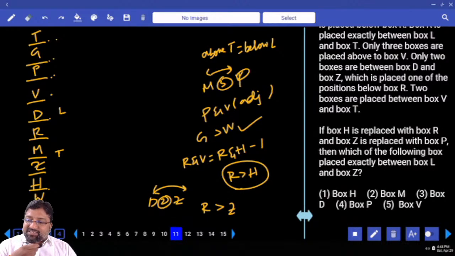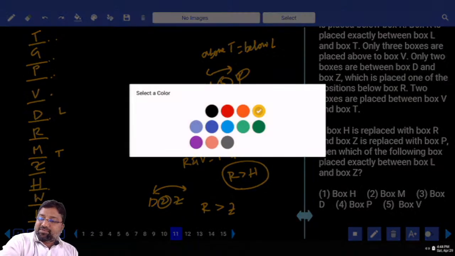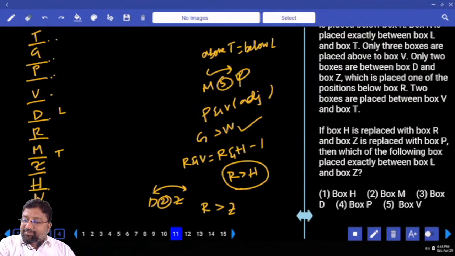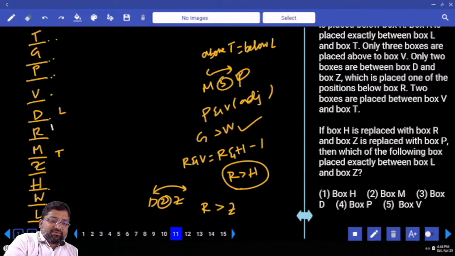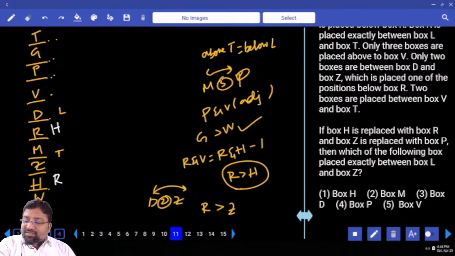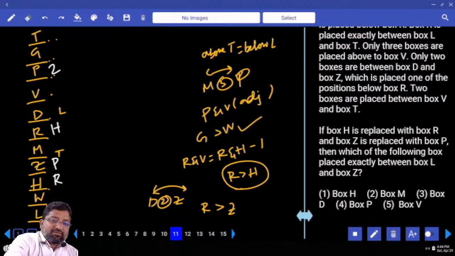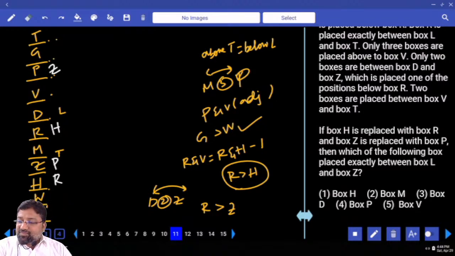If box H is replaced with R, and Z is replaced with P, which of the following will be exactly between L and Z? H is replaced by R, next Z is replaced by P. Which box is placed exactly between L and Z?